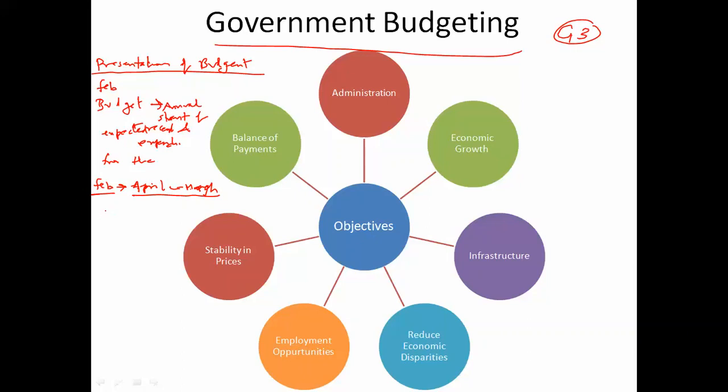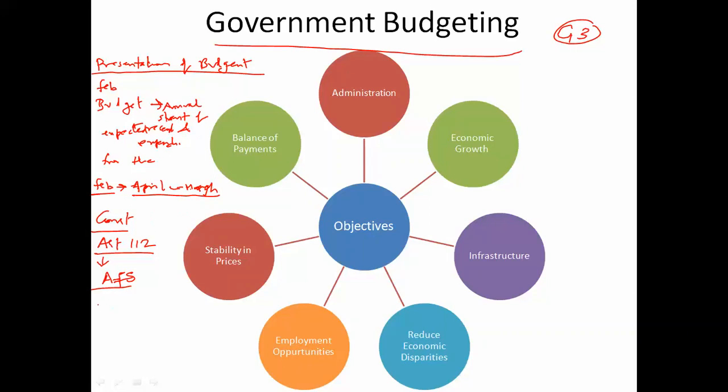So in our constitution, budget is dealt in Article 112, and in this it is called not as budget but as annual financial statement. So budget is an annual statement of expected receipts and expenditure of the government of India for the coming financial year.